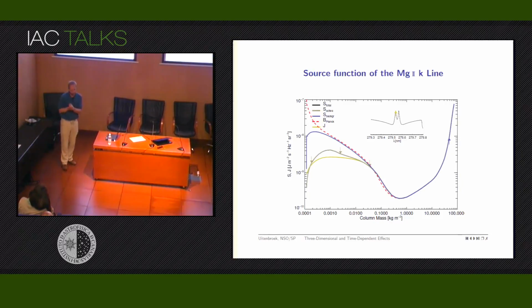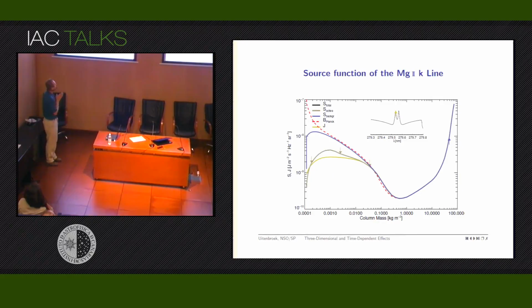Now imagine that the source function, which is the ratio of emissivity over absorption, is for a strong line like this more or less proportional to the ratio of the population of the upper level of the transition divided by the population of the lower level. And once the radiation field starts to see the outside world, the radiation field falls below the Planck function.